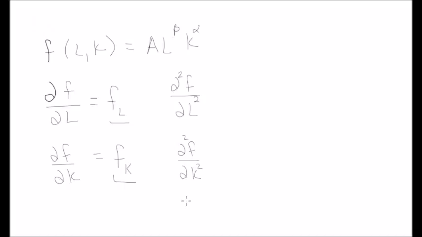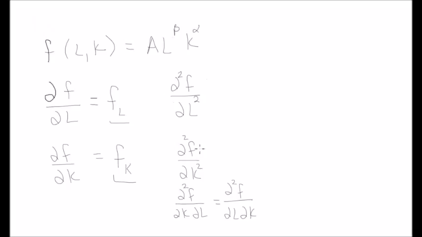Notice that there is a cross partial derivative that you might also be interested in. That would be d squared f, because you are still taking a second derivative, but you write it script dK script dL. The order doesn't matter definitionally, and we'll talk about this again when we get to partial derivatives formally. It doesn't matter if you take the derivative with respect to K and then the derivative with respect to L, or vice versa. They are actually equal to one another.